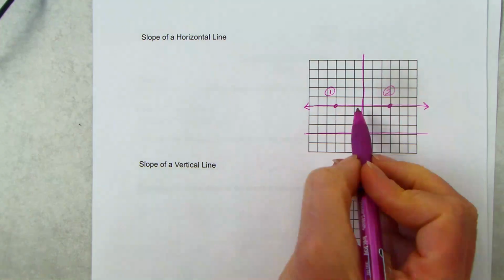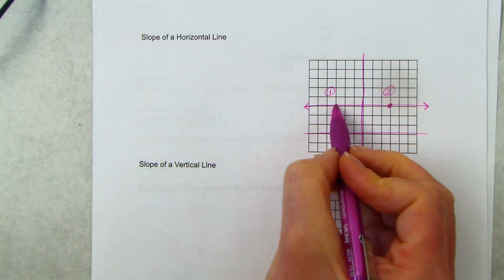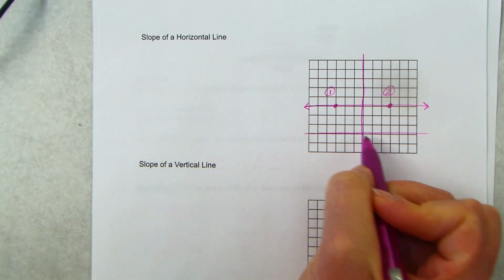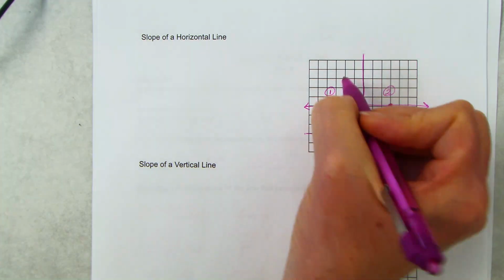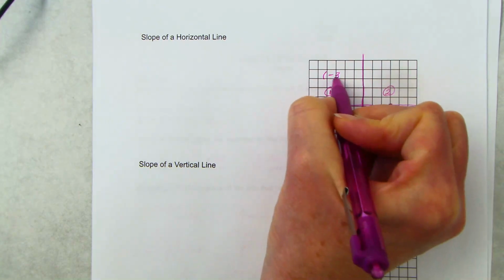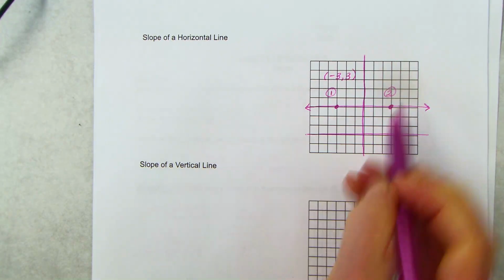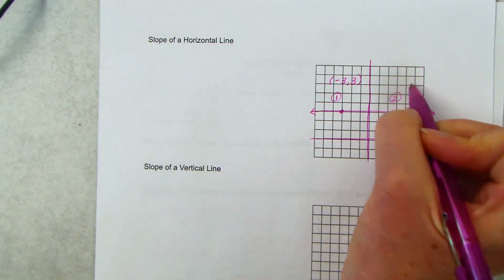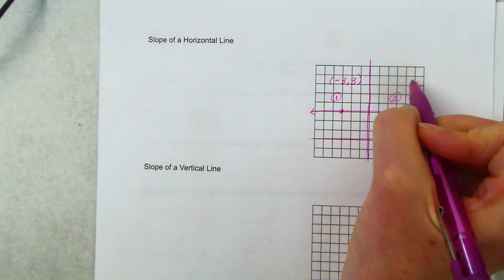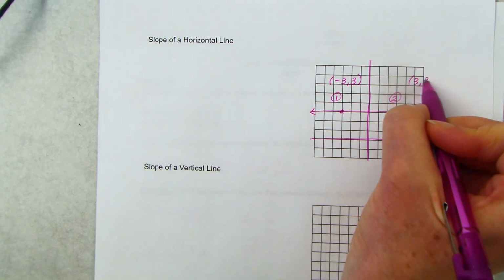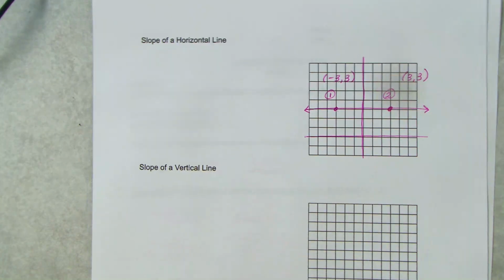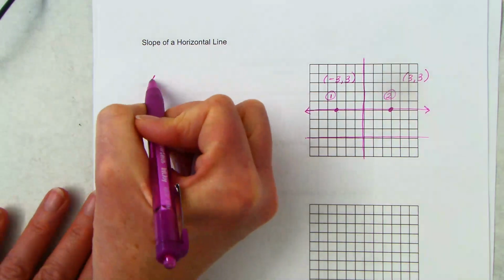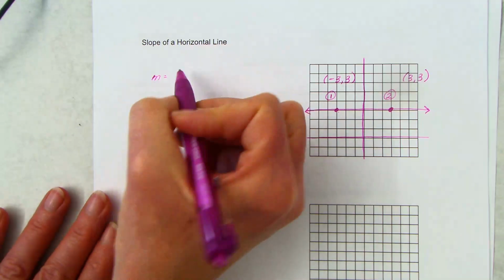This first point is, let's see, 1, 2, 3. It's -3, +3. Is that right? 1, 2, 3, 1, 2, 3. Okay. And this one is also +3. All right. And then we're going to do the formula.